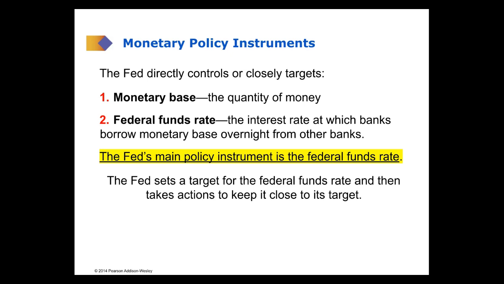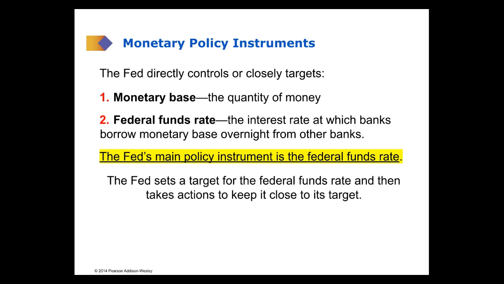But the Fed sets the target, and the target and the actual rate wind up being very, very close to each other. Now, once the Fed sets the target, they have to then take other actions to try to get the actual rate to be in line with the target. So the Fed sets the target and then conducts open market operations to have the actual federal funds rate move to the target federal funds rate.